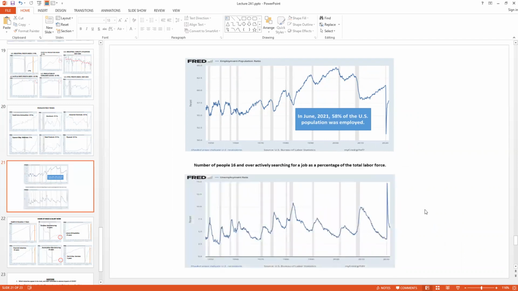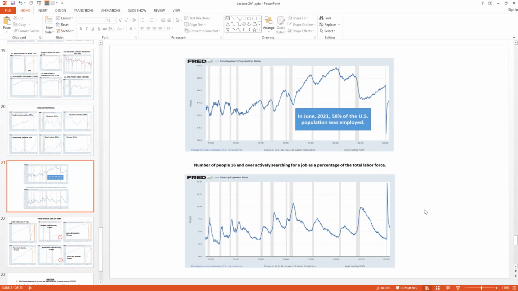So here on the lower chart, we've got people who are actively searching for work as a percent of the total labor force. And the total labor force includes people who are working and people who are reporting to the unemployment office looking for work, as well as unemployment insurance.